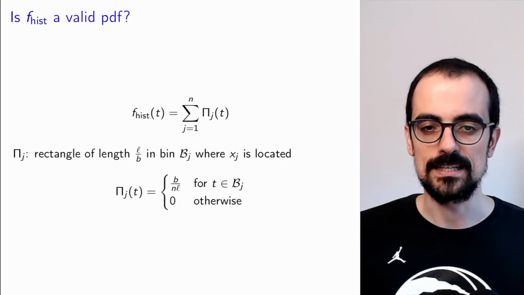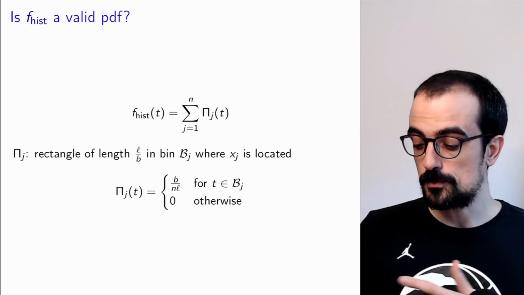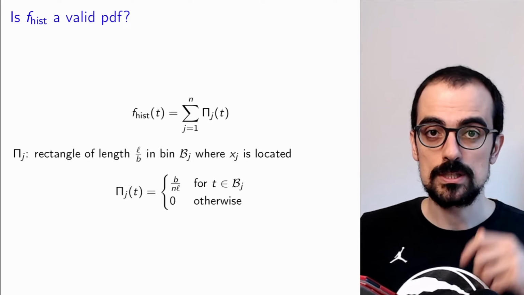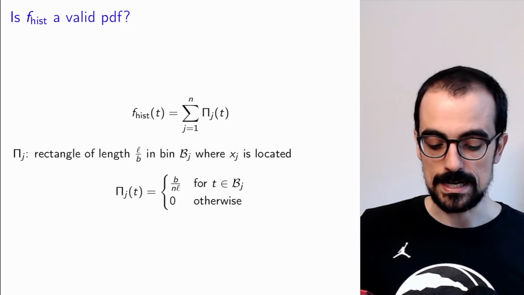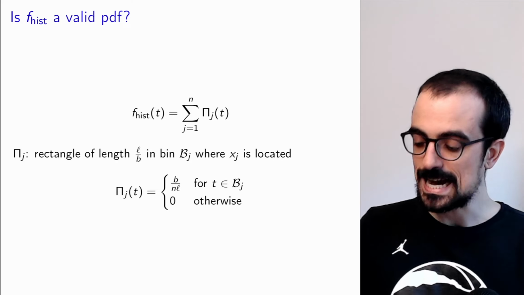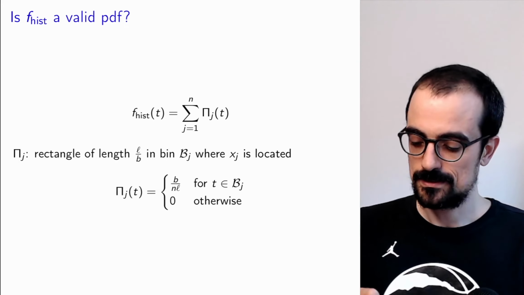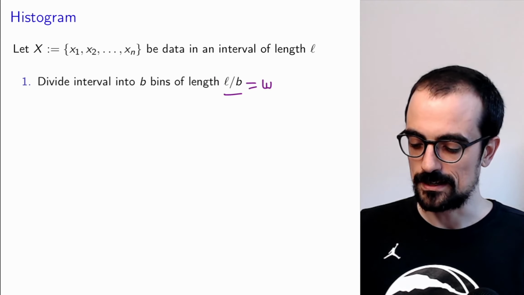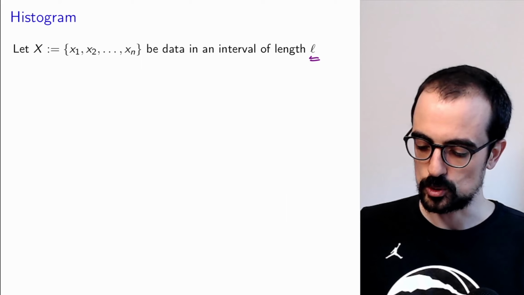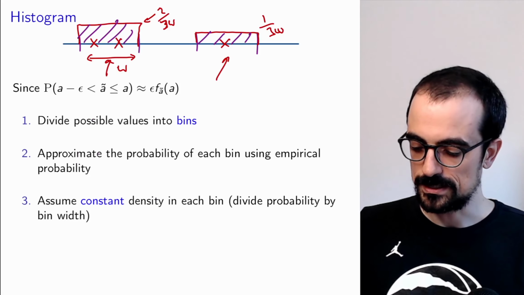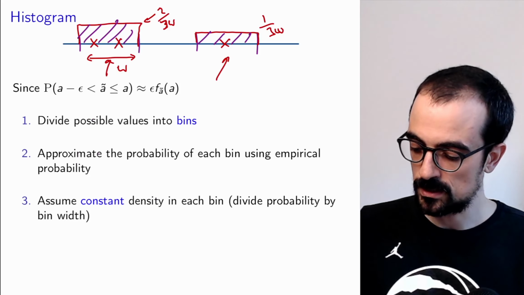All right, so at the end of the day, we can interpret this, if you want, as every time we see a data point, we are adding a rectangle. Actually, this is probably easier to see in my original picture. So let me go to my original picture. In this original picture, if you think about it, what are we doing?